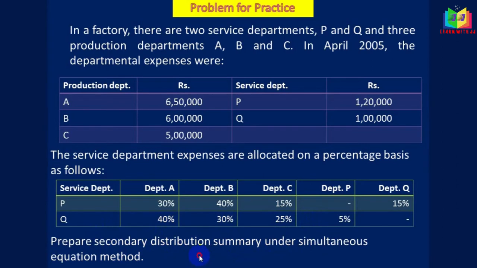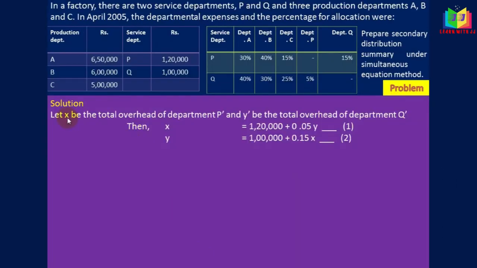Let's start doing the problem. First we take X to be the total overhead of department P, and similarly Q's overhead is taken as Y. We have to assume like that.